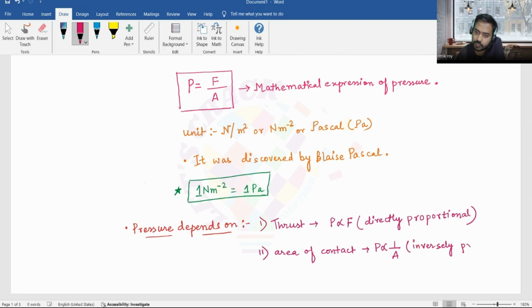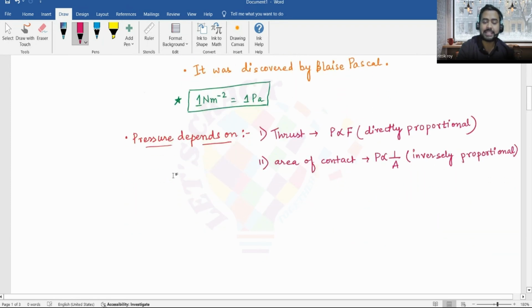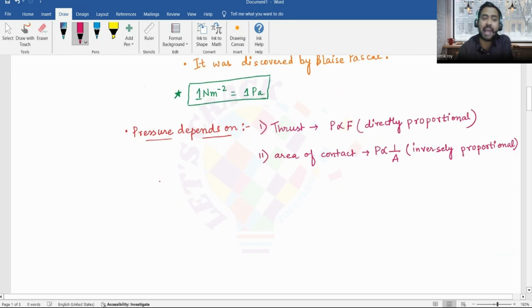Now, inversely proportional means what? If the value of pressure is increasing, the value of area will decrease, and if the value of area is increasing, the value of pressure will decrease. Understood? Okay.